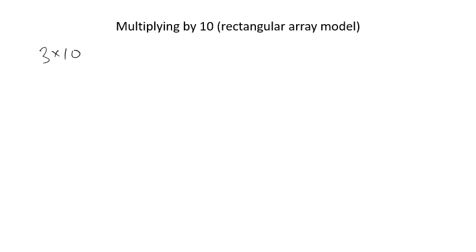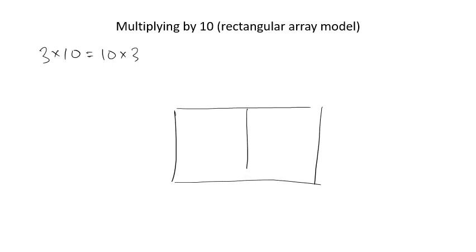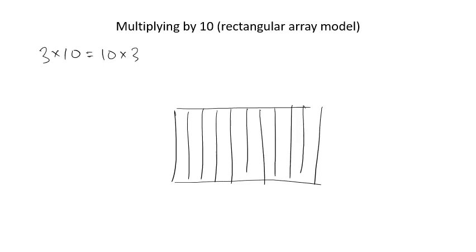We've already seen from the previous section that we can think of this as 10 times 3, and both of these yield this rectangular model. So we'll do this 10 this way, and now we'll break this 1, 2, 3.